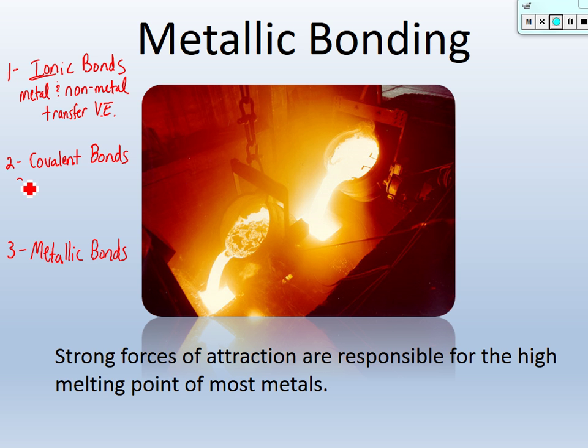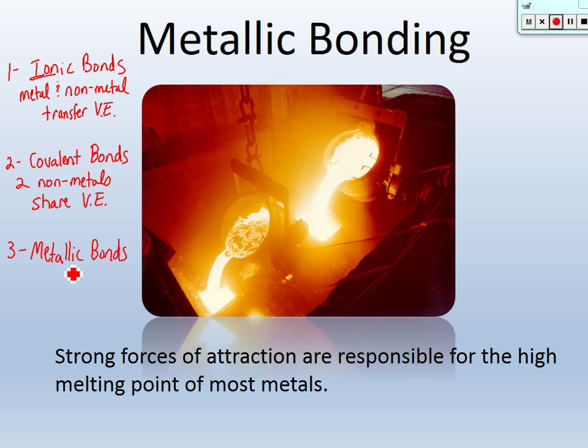Okay, then we just got done talking about these covalent bonds. Covalent bonds occur between two nonmetals. So if you're looking at the periodic table, this would be two elements above the staircase. And they share valence electrons. They share them between them equally. And then today we're going to talk about metallic bonds.